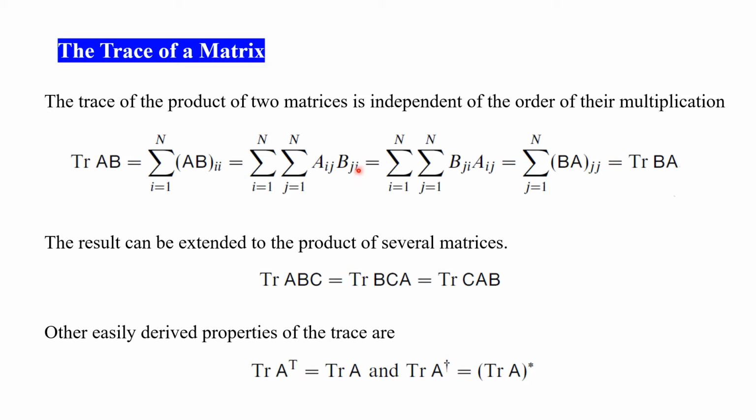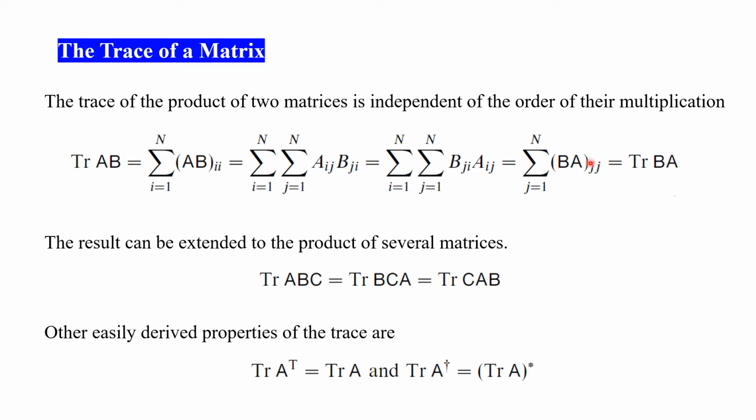If we interchange A times B like this, as you can see, this can be written as B times A, jj. So we have the sum over j, and we can just write it as one sum: the sum over j of (BA)jj.